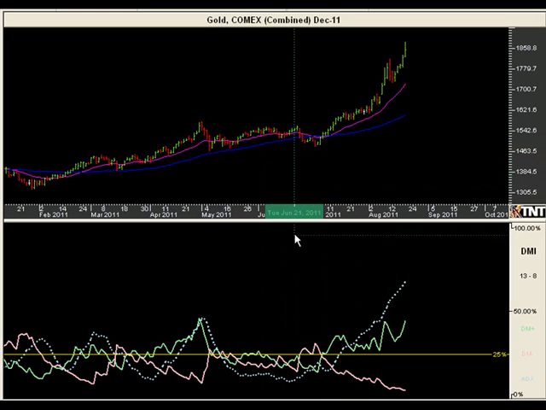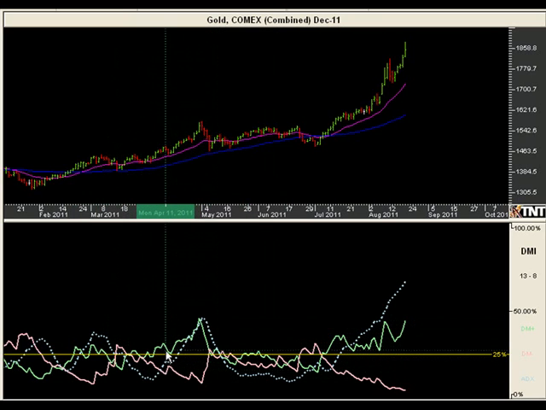All right then, so how do we interpret DMI and ADX? Well, DMI and ADX are one and the same indicator displayed two different ways. ADX, this dotted blue line, is actually an average of the DMI lines.